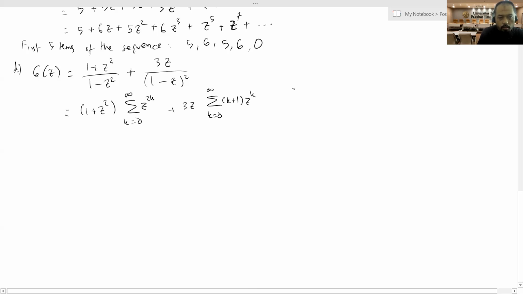Since sum of z to the 2k is 1 over 1 minus z squared, and also the sum of k plus 1 z to the k is 1 over 1 minus z squared. Now with that, we simply multiply the factors together, so we get this.